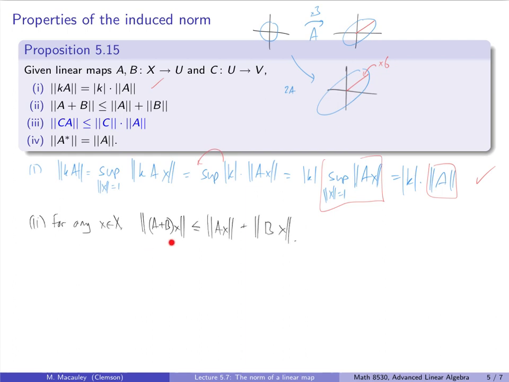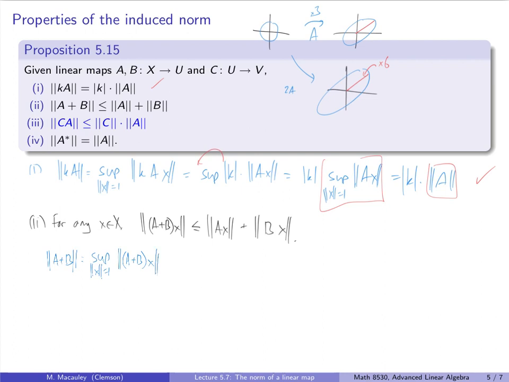It's tempting to just take the supremum of both sides over all unit vectors, and that is basically true, but you're technically skipping a step if you do that. So instead we're just going to write the definition. I didn't need to write this in the proof, but I still will, just for context. The norm of A plus B is the supremum over all unit vectors of the norm of (A plus B)x.